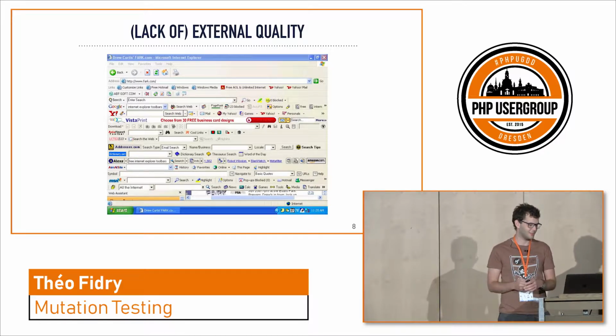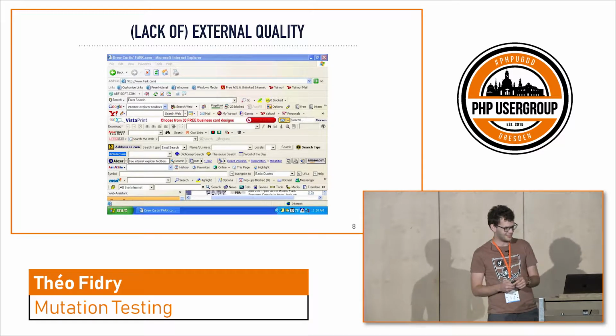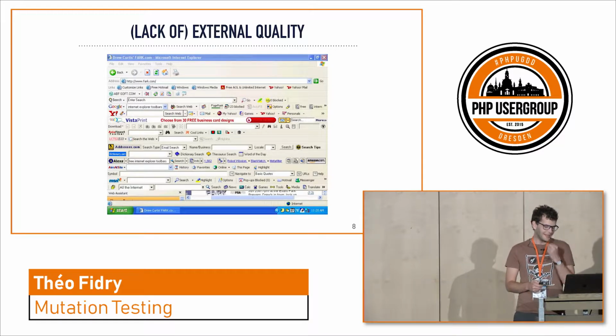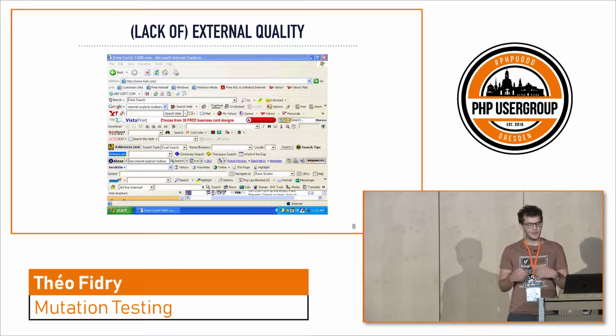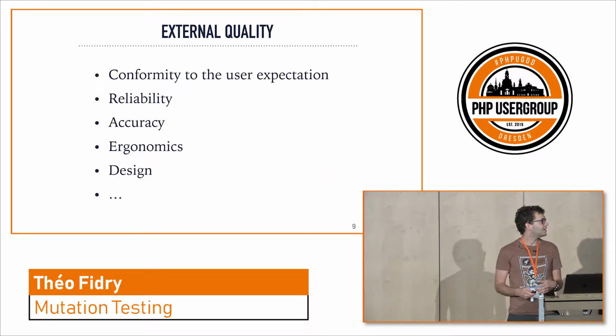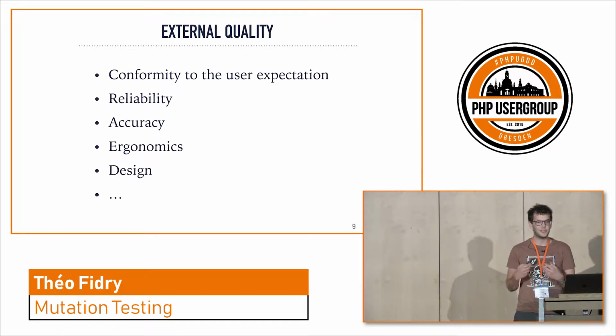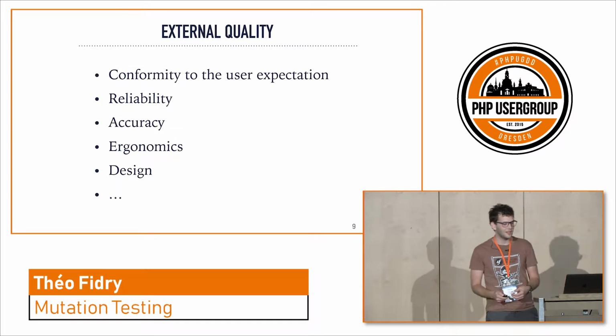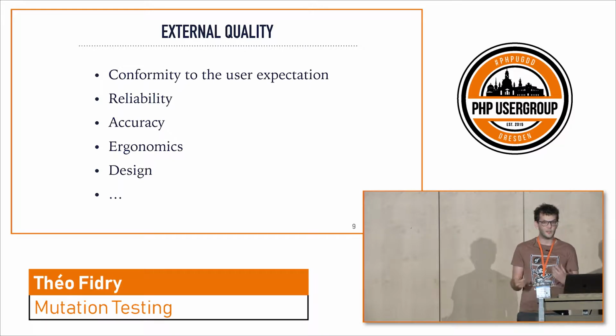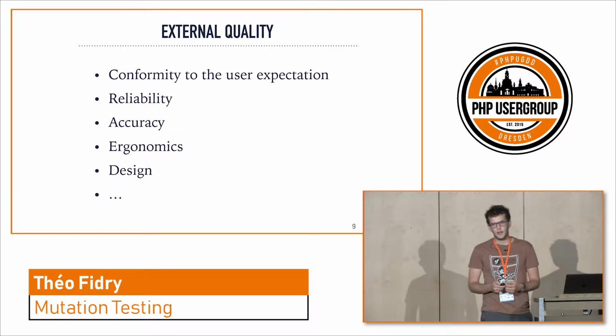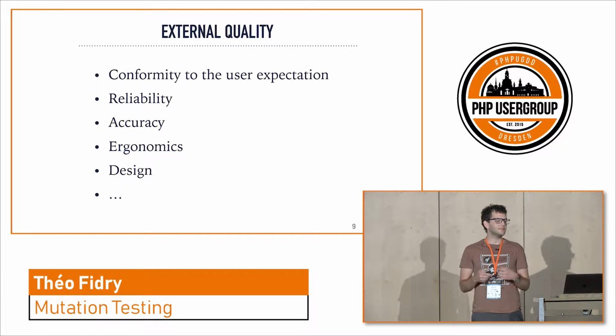After a couple of them, you would quickly end up with something like that, which is quite ugly. If you were to define external quality, you could say it's conformity to user expectations, how reliable it is, accuracy, ergonomics, design. Another way to define it is the quality perceived by the user.